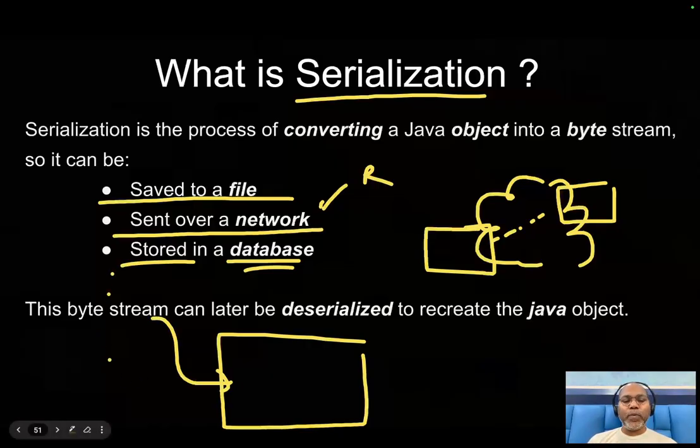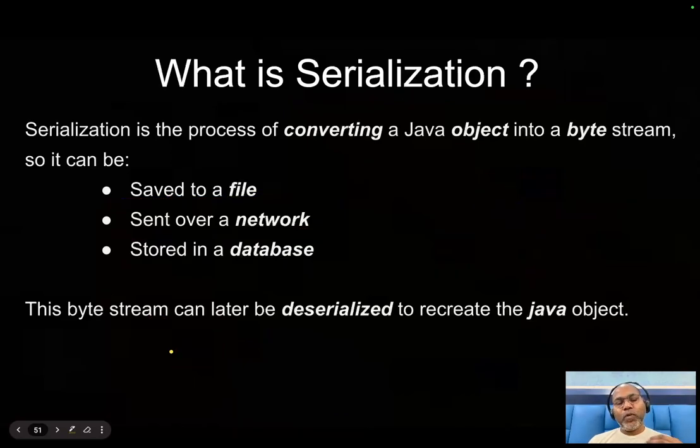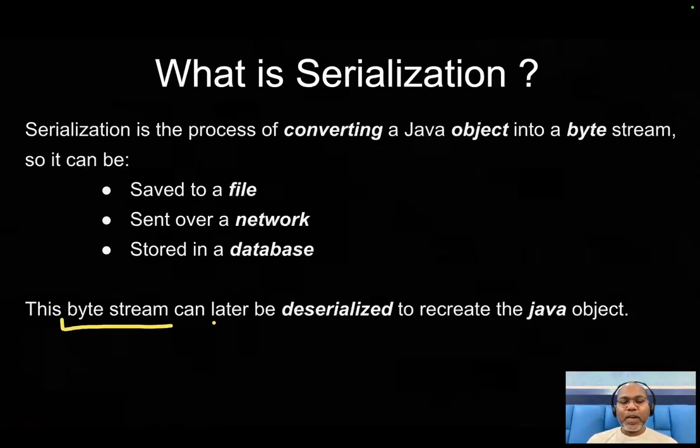I'm not going to talk about everything, but whenever you are working in applications, you can visualize these scenarios where our Java application is going to store the object state in the proper format, so that later the byte stream can be deserialized to create the Java object again.